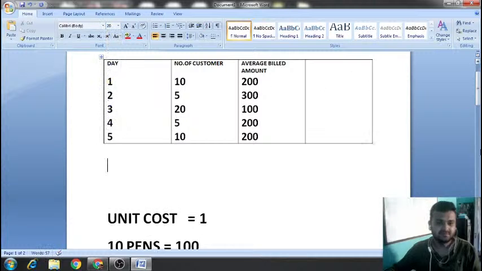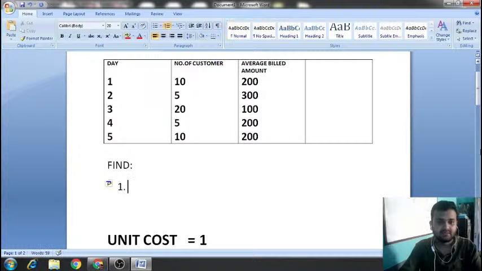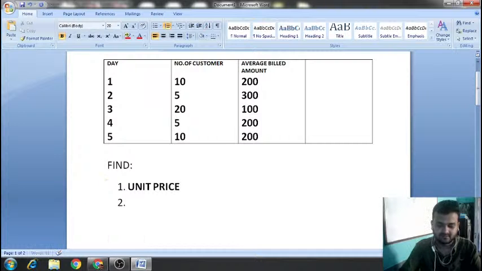Please copy this down. Find number 1, unit price. Number 2, unit cost.